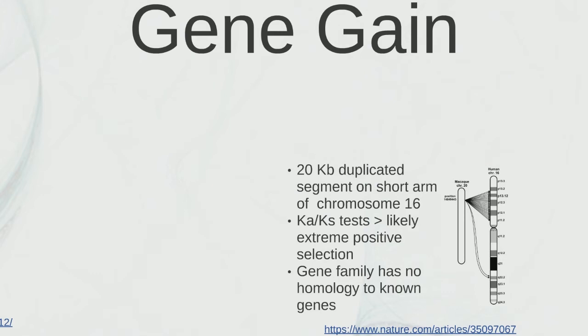When you do the selection test that I told you about earlier in part 1, the KaKs test, so this is looking at non-synonymous rate of mutations over synonymous rate of mutations, the number is really positive, meaning that this gene is under really high positive selection, meaning there's a lot more mutations here than you'd expect by chance, or compared to a random model.